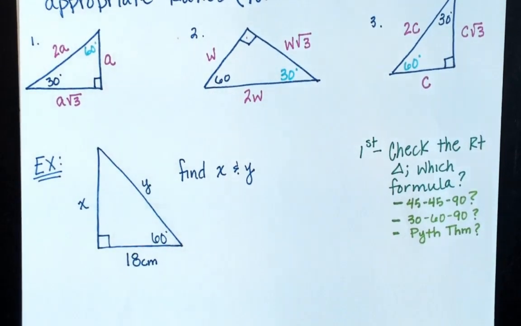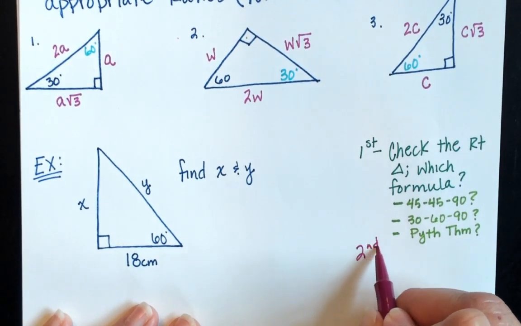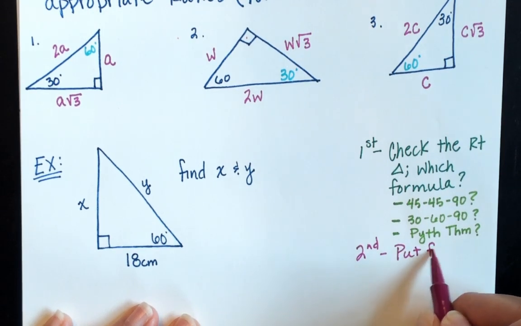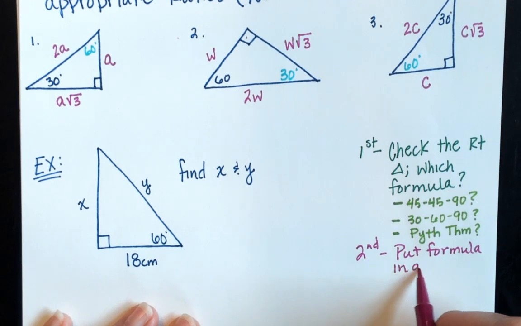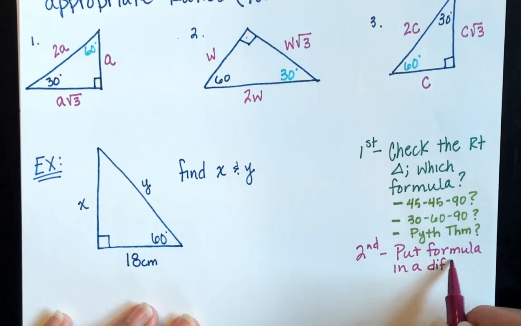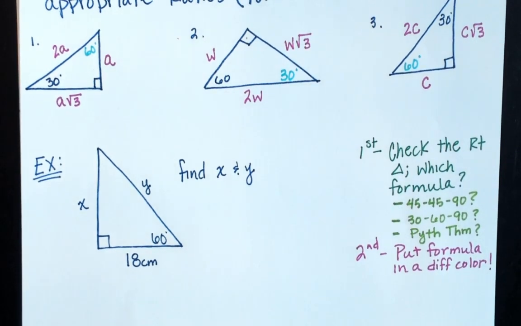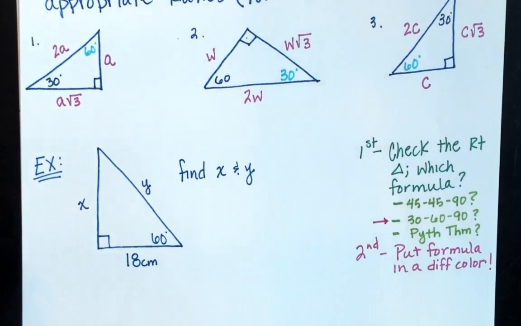Second thing you're going to do, you're going to fill in your formula, and put it in a different color. That way it's easier to see. It's going to help you out. So we know that for us, we picked 30, 60, 90.